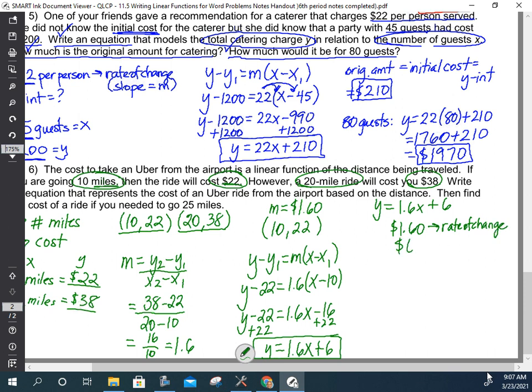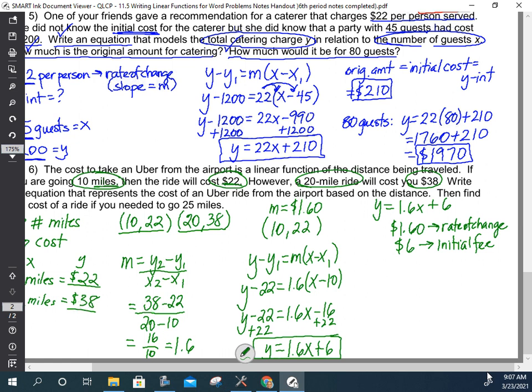The $6, that is your initial fee. Now, for some Uber drivers, Lyft drivers, suppose that you cancel, that initial fee is pretty much your cancellation fee.